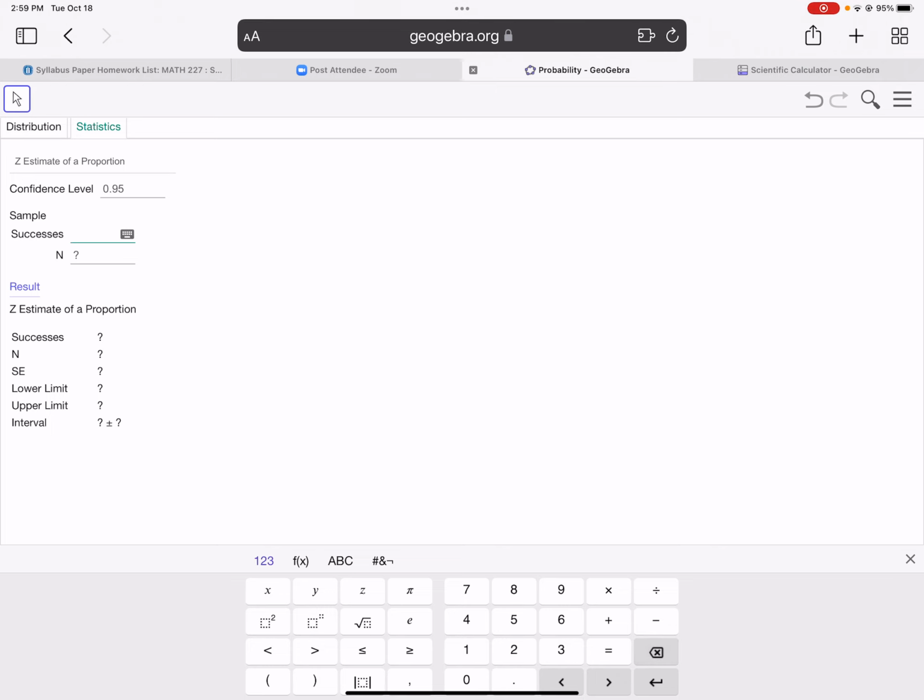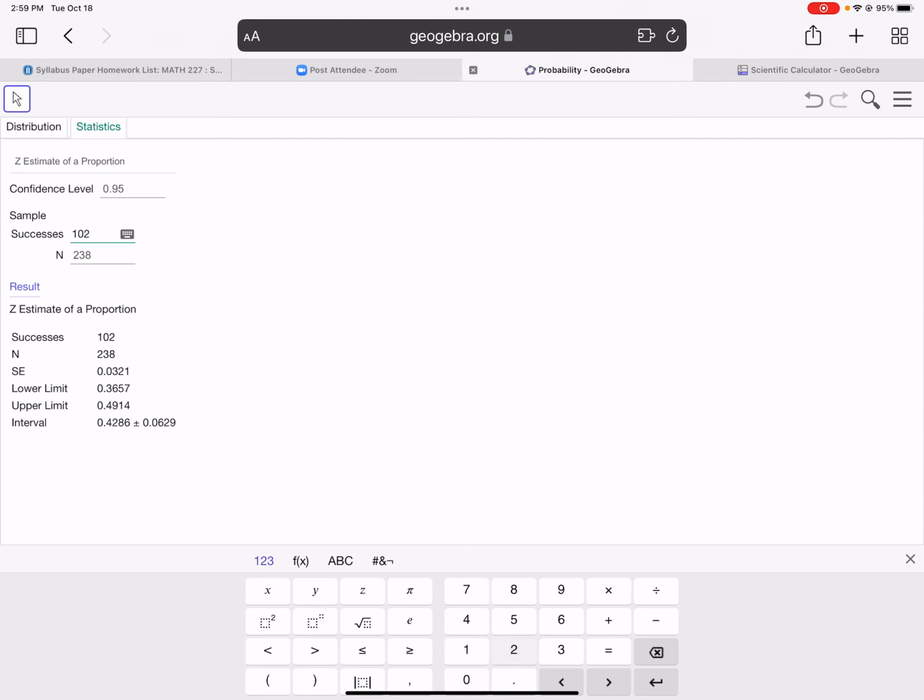Let's talk about n first. n is the total sample size, the number of data that you collect, which is 238. Only 102 of them said they have an Android phone, so that is considered a success.